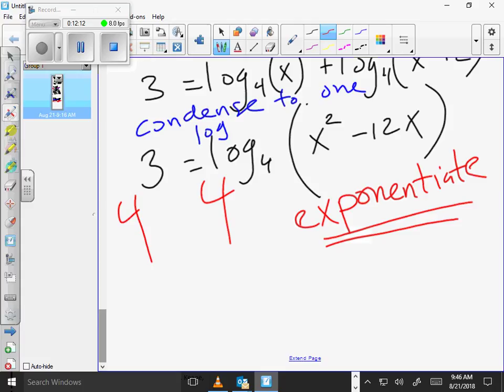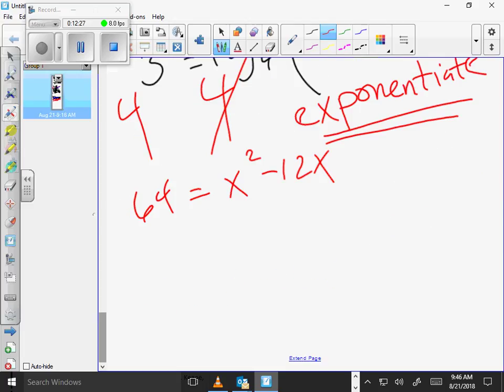But with log functions, I have to exponentiate to free the prisoners from behind. Don't forget, this is 4 to the third power, not 4 times 3. So we have 64 equals x squared minus 12x. Okay, so 0 equals x squared minus 12x minus 64.